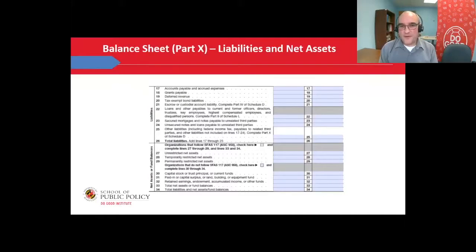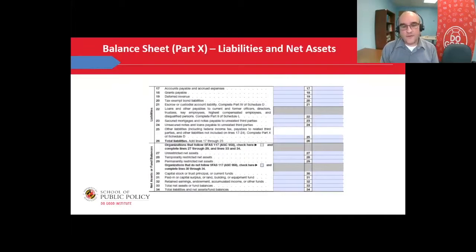Depending on whether or not the organization chooses to follow the federally accepted accounting standards developed by FASB, the organization reports net assets in a couple of ways under this last bottom section of Part 10.